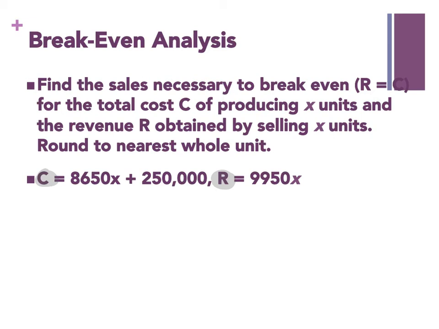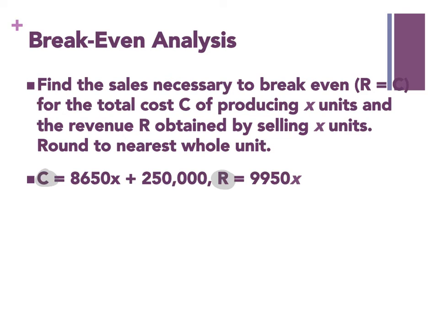Usually with cost, there's some sort of upfront, set fee. If you wanted to sell cars for a living, you'd have to buy the dealership. That's going to be your upfront cost. And then however much it is per item would be your variable cost.